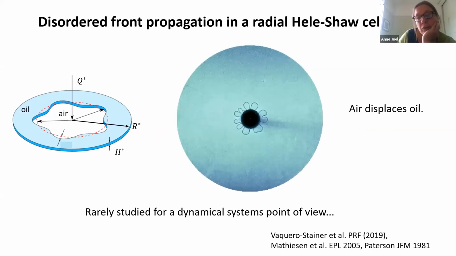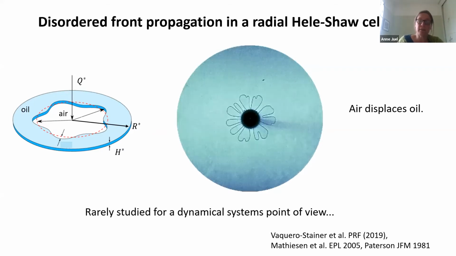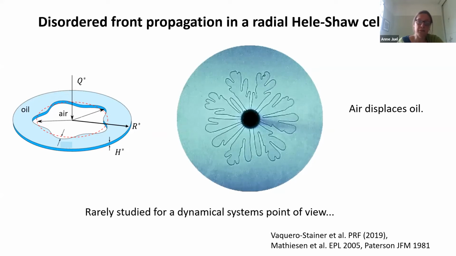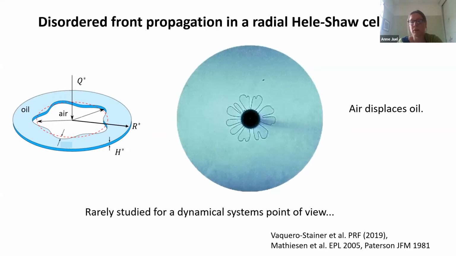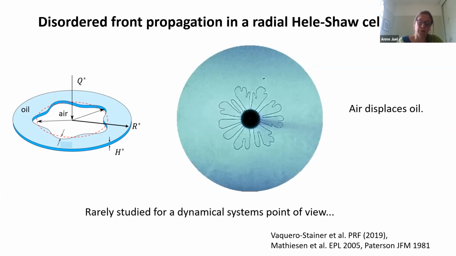And what you're seeing, and what people typically describe, is that the interface is unstable, and then it leads to the formation of fingers. These grow, the tips split, then the fingers compete, and then the tips split again. And so there's a whole succession of unsteady dynamics going on.